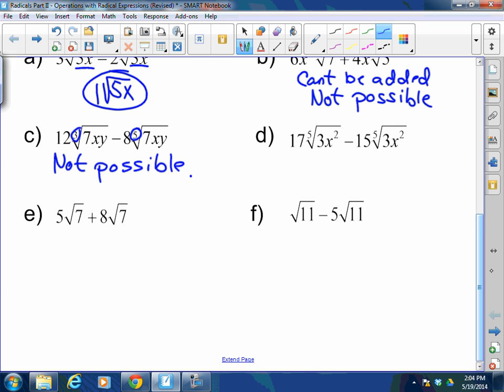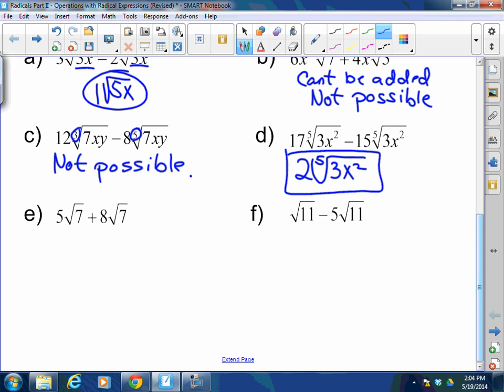Nicely done. 17 fifth root of 3x squared minus 15 fifth root of 3x squared. Excellent. 2 fifth root of 3x squared. Phenomenal. Why can I not pull out an x here? Because the index is 5. So how many x's would I need to pull one out?